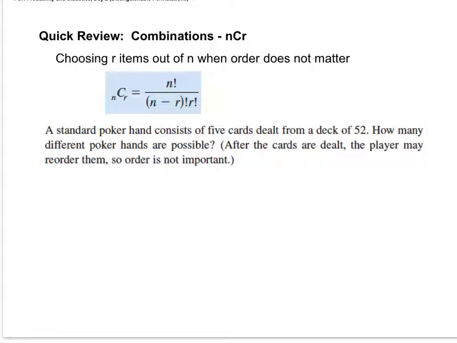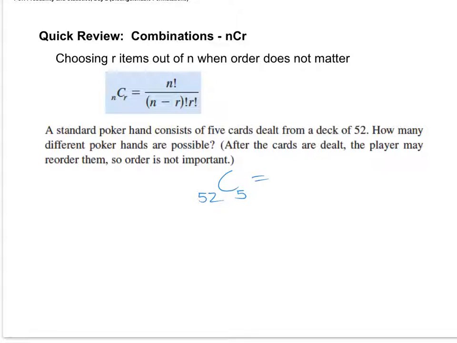Alright, so how do you have this one set up? Okay, good. N is 52. R is 5, so it's 52 choose 5, right?